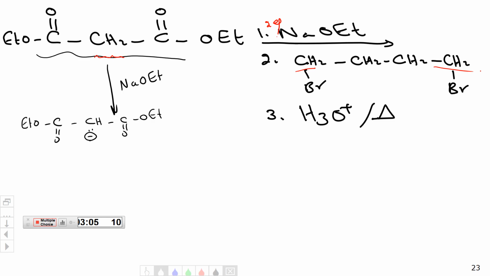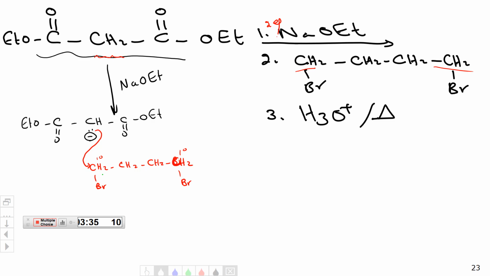It has two halogens, two alkyl halides in the same molecule. So I'm going to redraw that. As you can see, the two BRs are 1,4 from each other carbon-wise, and they are symmetrical. This is a primary, this is a primary. They are symmetrical, so there isn't a preference for one over the other.